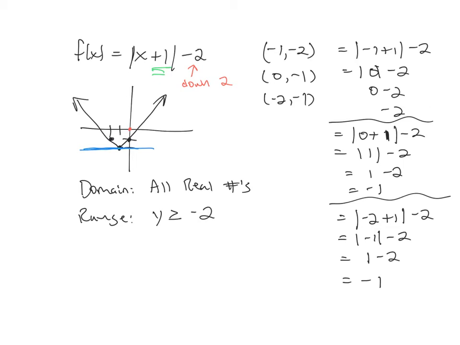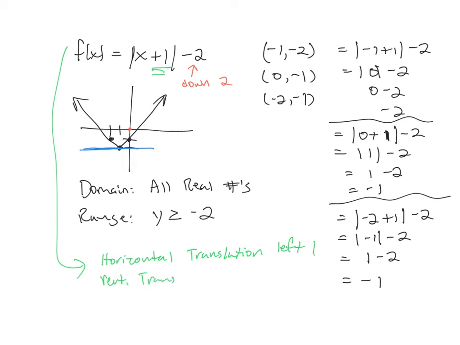Okay, so it seems the description or the transformation for this problem would be a horizontal translation left 1 and a vertical translation down 2.